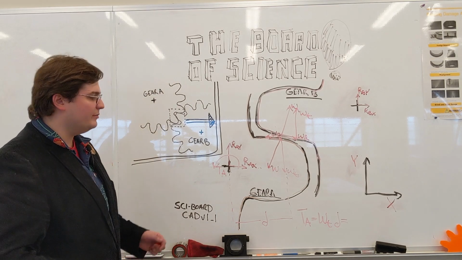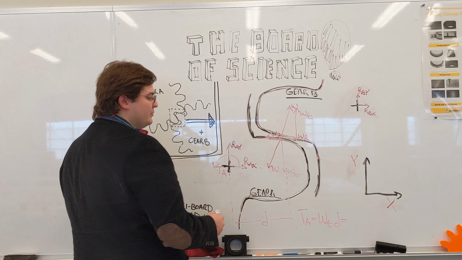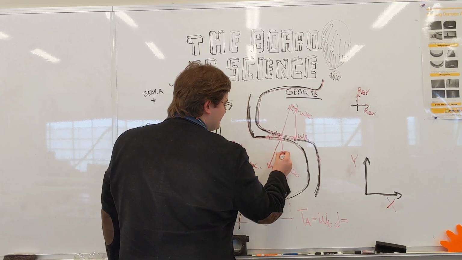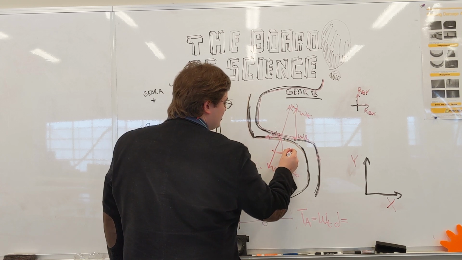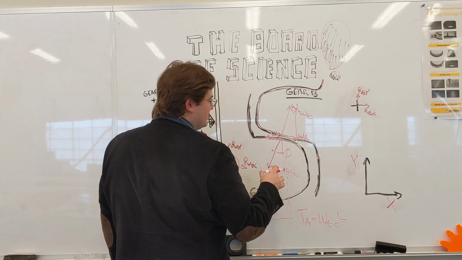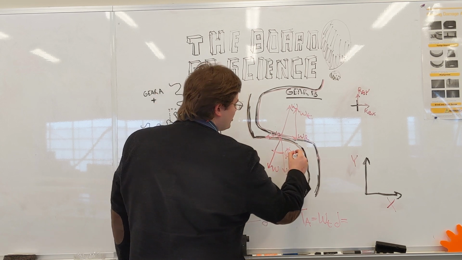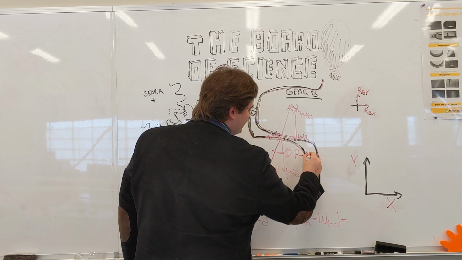Let's break that down a little bit more. I'll say that the angle between the force of contact and the tangential component of that force of contact is a Greek letter. Let's call it phi. We'll make that represent the pressure angle.